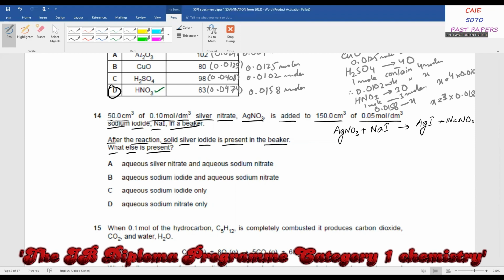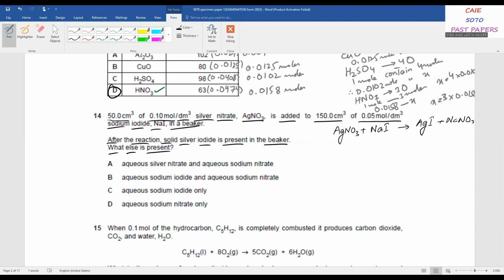The volume and concentration for both silver nitrate and sodium iodide are given. So I'm going to convert these into moles for AgNO3 and NaI. For AgNO3, I'm doing it on the left hand side. 1000 cm³ contains 0.1 mole. Therefore, 50 cm³ contains x mole.